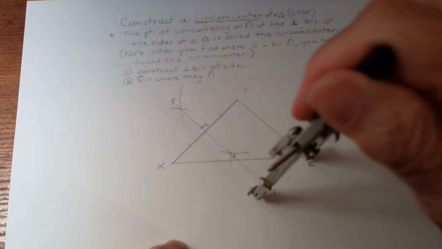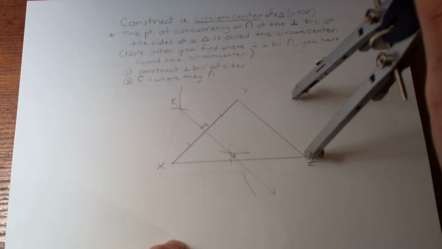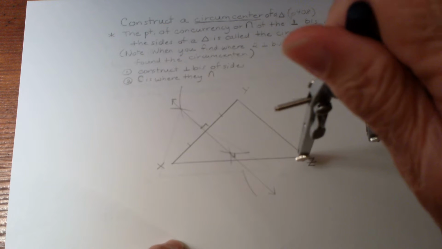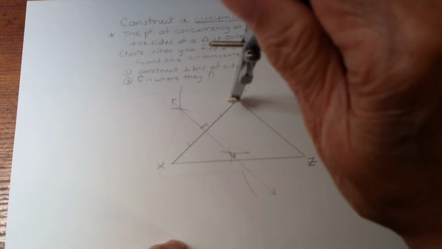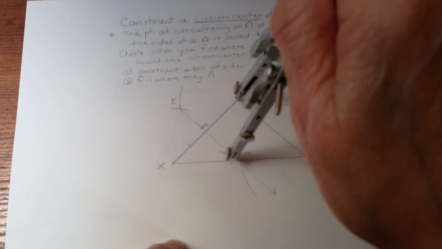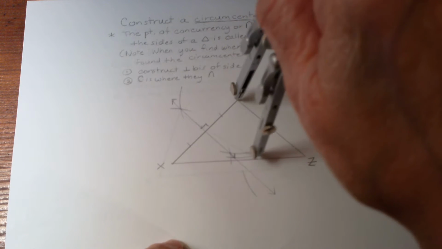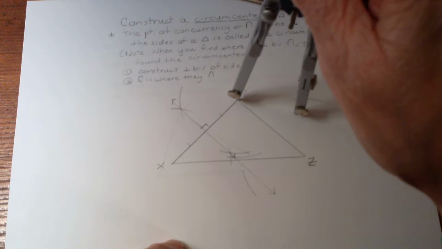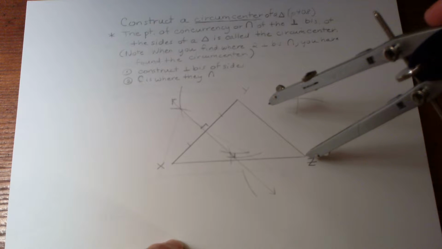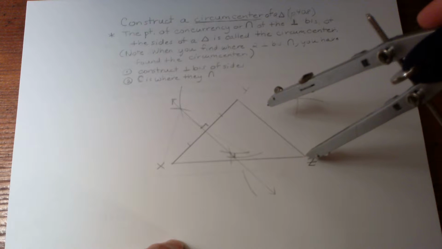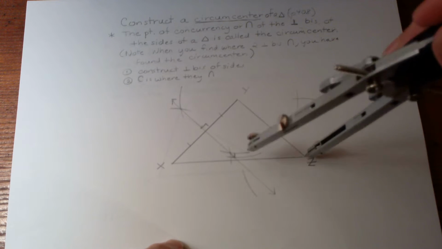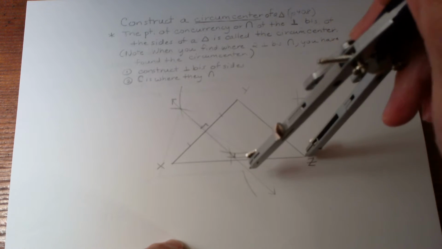So when I cut arcs above and below from point Z, and I cut arcs above and below from point Y, this tells me that I did not go far enough from Z. So I'll go back to Z, trying to be very careful of getting my point on Z, and extend this arc.